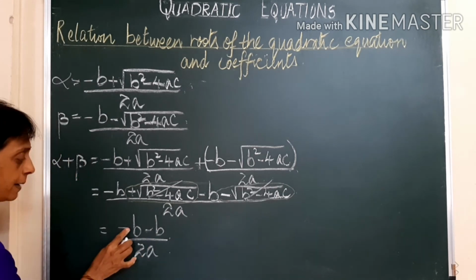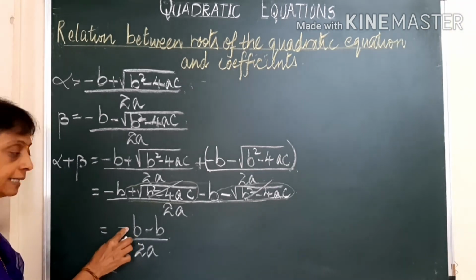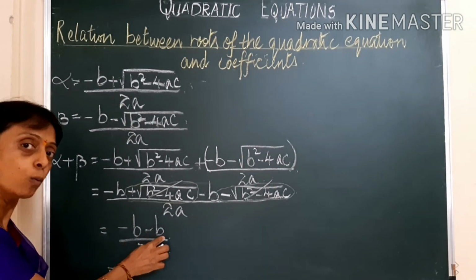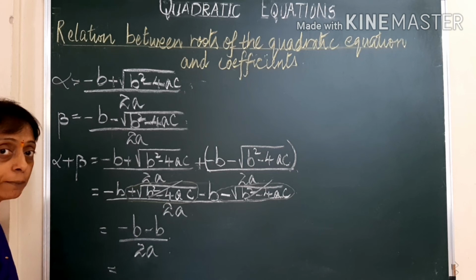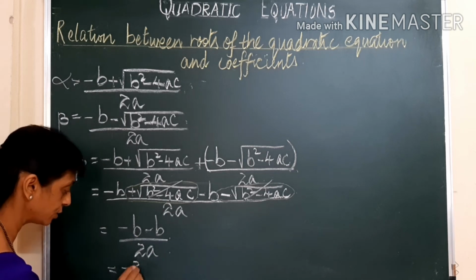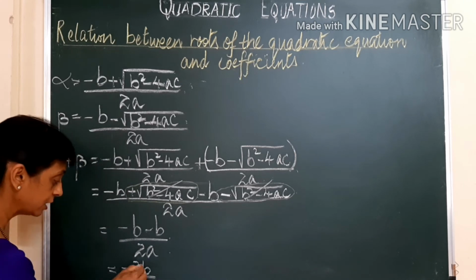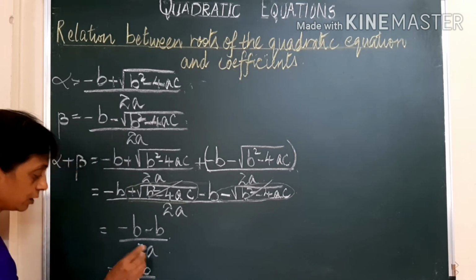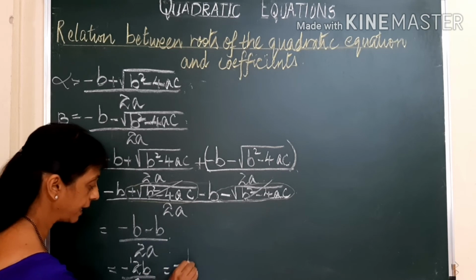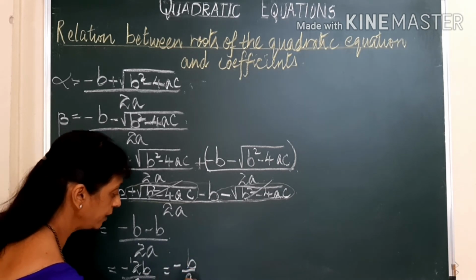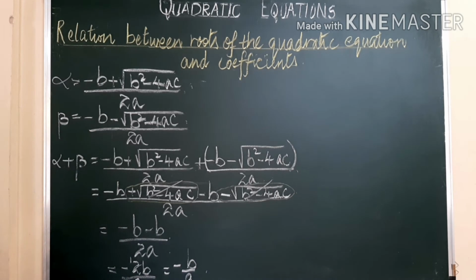Now children, minus b means what? Minus 1b minus 1b. Right? So minus 1 gives you minus 2b upon 2a. Can you reduce? Definitely. 2 ones are 2, 2 ones are 2. So what are you left with? Minus b upon a. So ultimately children, what did you get?